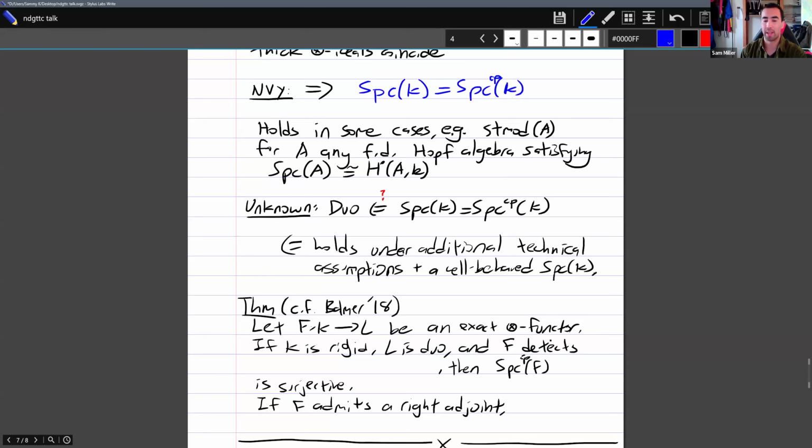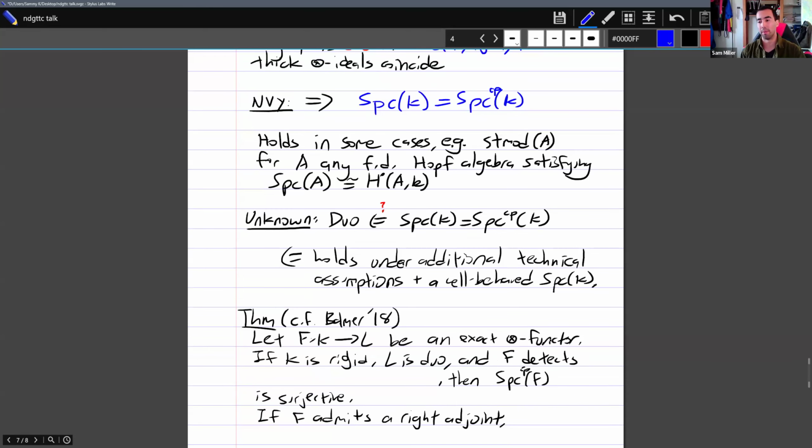And from there, we can carry out the results of a paper by Balmer from 2018 on surjectivity in tensor-triangular geometry.